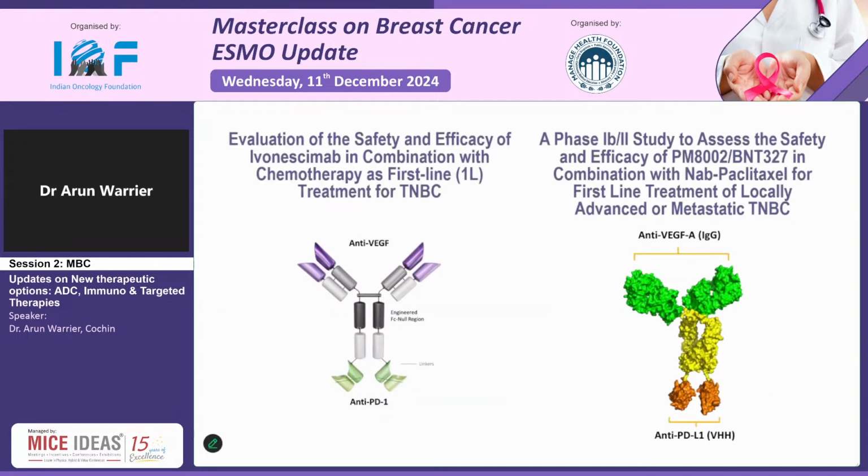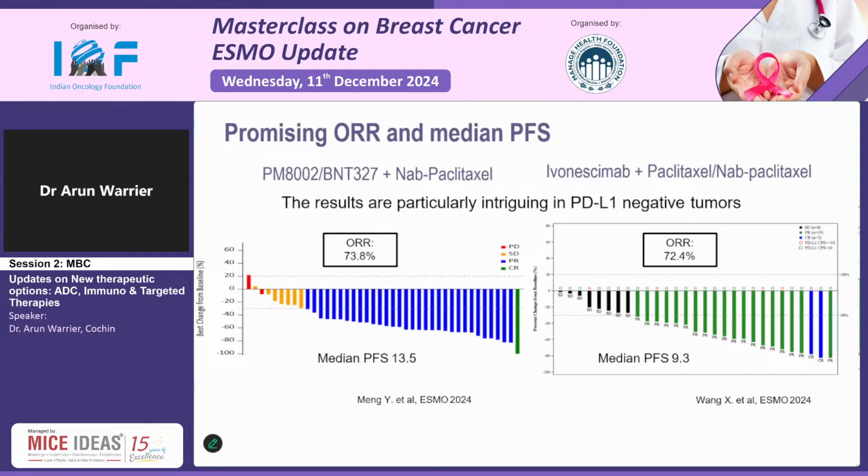So again, there were trials about drugs like ivonescimab in combination with chemotherapy in TNBC. They have tried, and they combined with nab-paclitaxel also. Again, the response rates are promising. In ESMO 2024, they combined with nab-paclitaxel. In PD-L1 negative tumors, they have reported some intriguing results, a response rate to the tune of 70%.